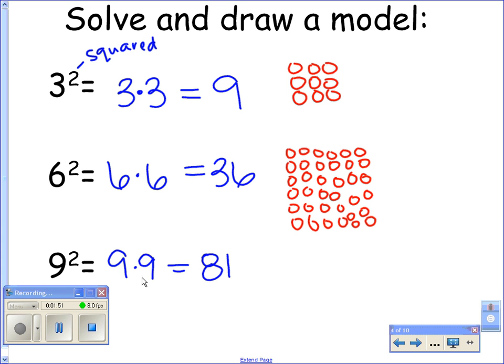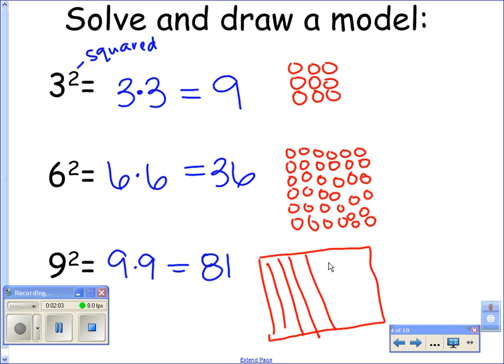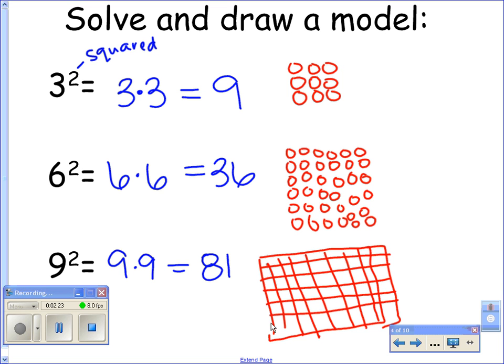Okay, a quick way to do 9 squared would be 9 circles or columns, 1, 2, 3, 4, 5, 6, 7, 8, 9, and then 9 rows, 1, 2, 3, 4, 5, 6, 7, 8, 9.